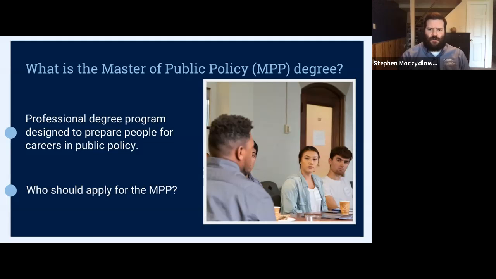Students that should be considering a Master of Public Policy degree are those that have a passion for public service, civil service. I like to also say it's a great degree for students that are interested in developing and impacting change. Public policy impacts everything that we do on a day-to-day basis in our lives, and especially during the current situation. If those things align with your interests, this would be a great degree for you to consider.